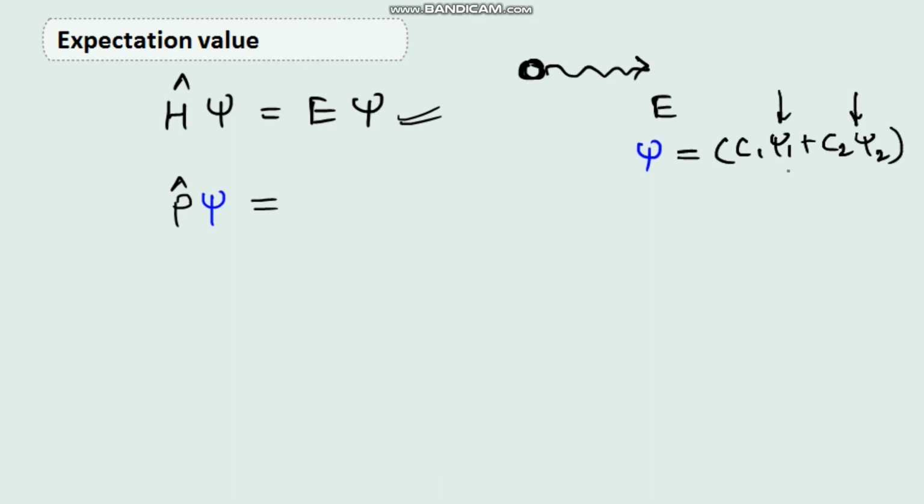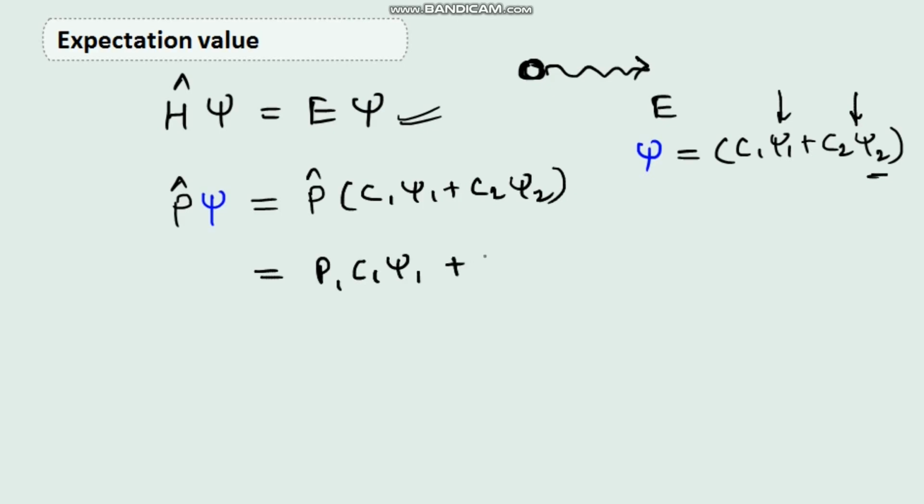Each of these wave functions will be an eigenfunction for the next equation. In this case, we can write psi as C1 psi1 plus C2 psi2. And then we will obtain P1 C1 psi1 plus P2 C2 psi2. The P1 and P2 values are the momentum values that the particle will have.